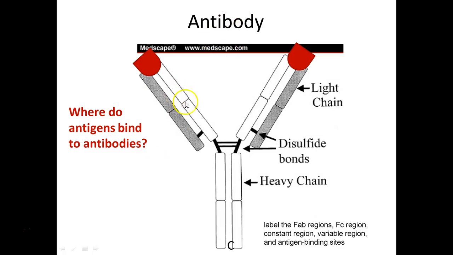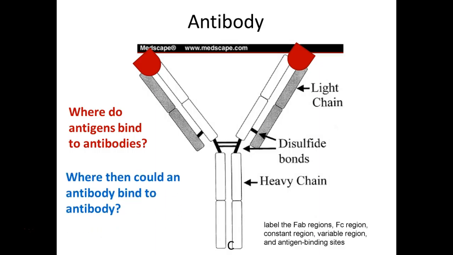And yes, in the variable region, right? This section of the protein is made up of the light chains, and then you have the heavy chains. This portion is variable, is different for each antibody. Now, our primary antibody is going to grab onto the antigen with its arms. So now, where's the secondary antibody going to bind? It's C, right? At what we call the Fc region, right? It's going to stick on there.